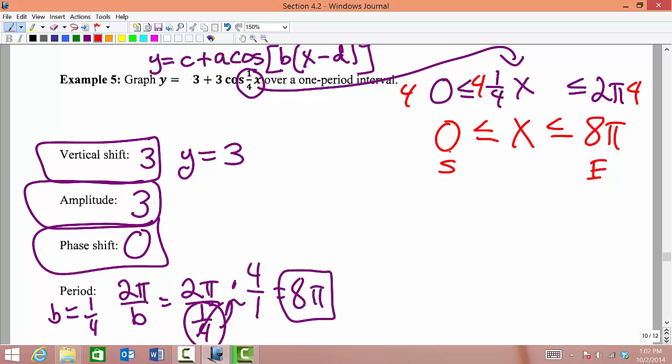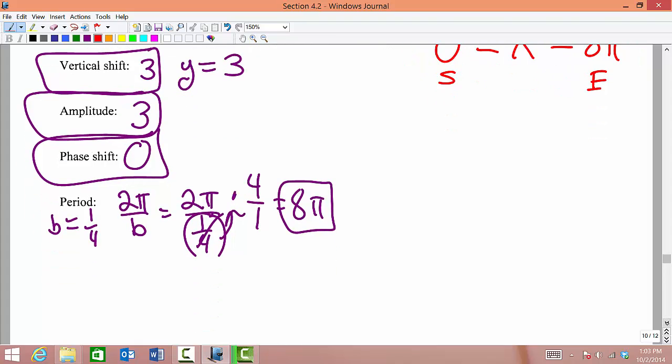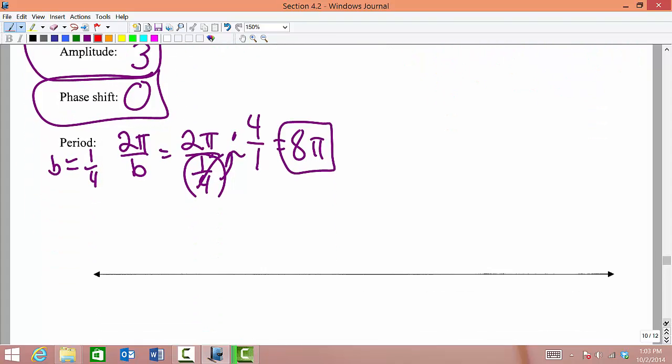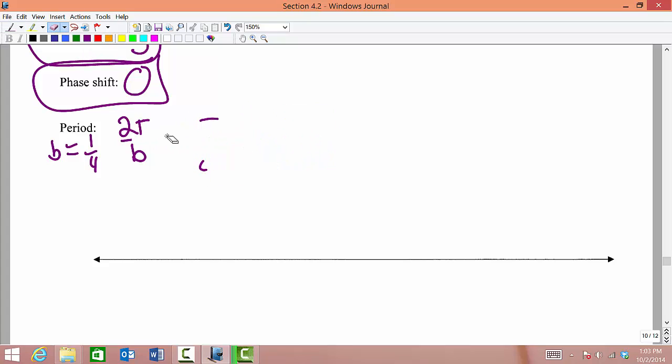Now, since we're starting at 0 and ending at 8 pi, our midpoints are going to be very easy to find. So let's put 0 here and 8 pi here.